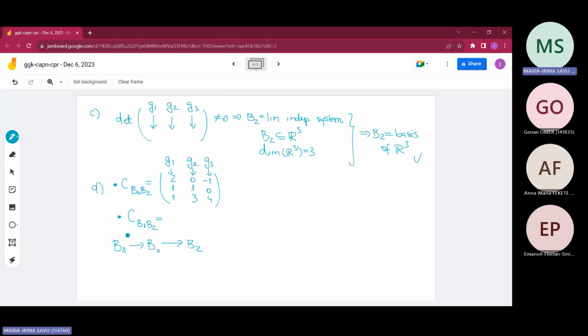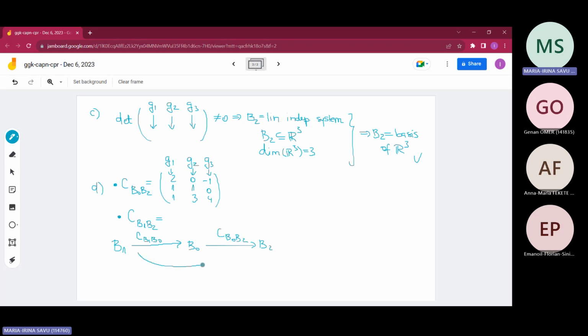From here to here, you have the matrix C, B1, B0, and from B0 to B2 you have C, B0, B2.